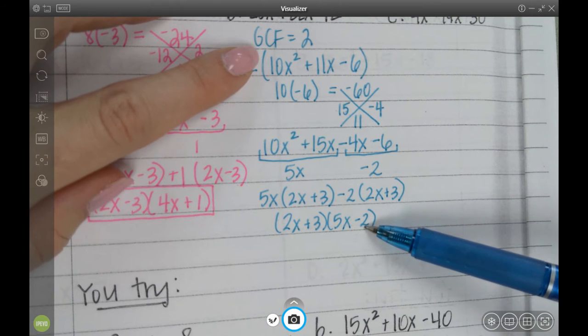You guys did really well on factoring by grouping on your quizzes, so I didn't feel like I had to talk you through that. But I still have this 2 up here that I'm covering up, right?